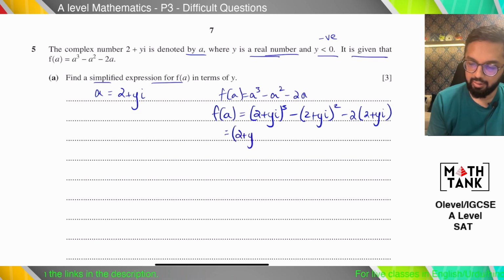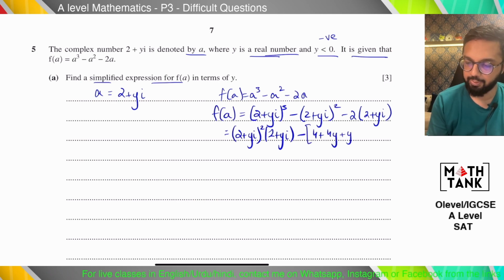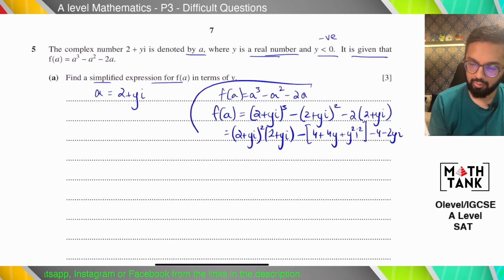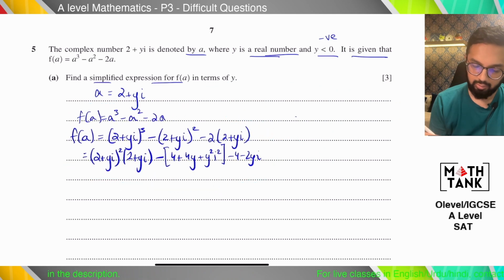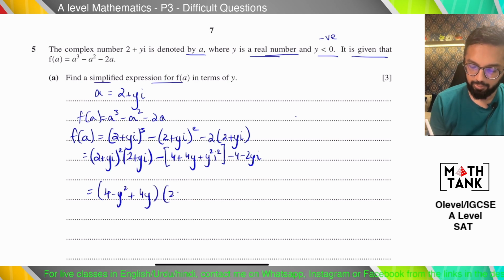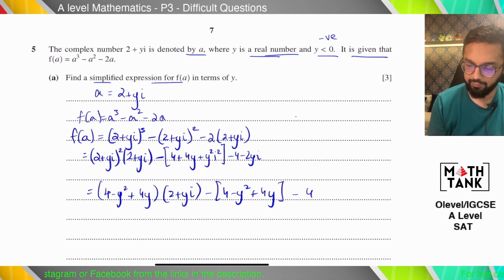2 plus yi squared into 2 plus yi minus 4 plus 4yi plus y squared i squared. Get 4 minus y squared plus 4yi, 2 plus yi, and 4 minus y squared plus 4yi minus 4 minus 2yi.